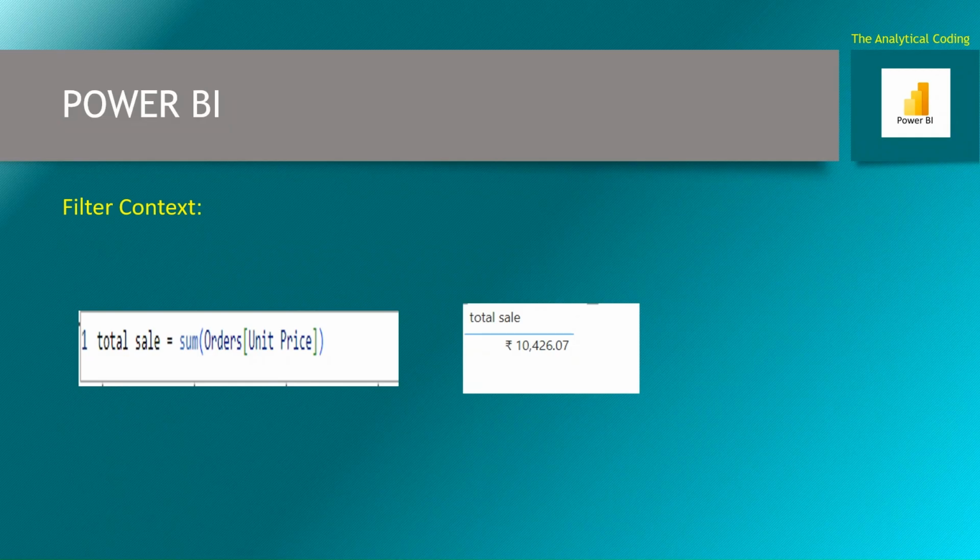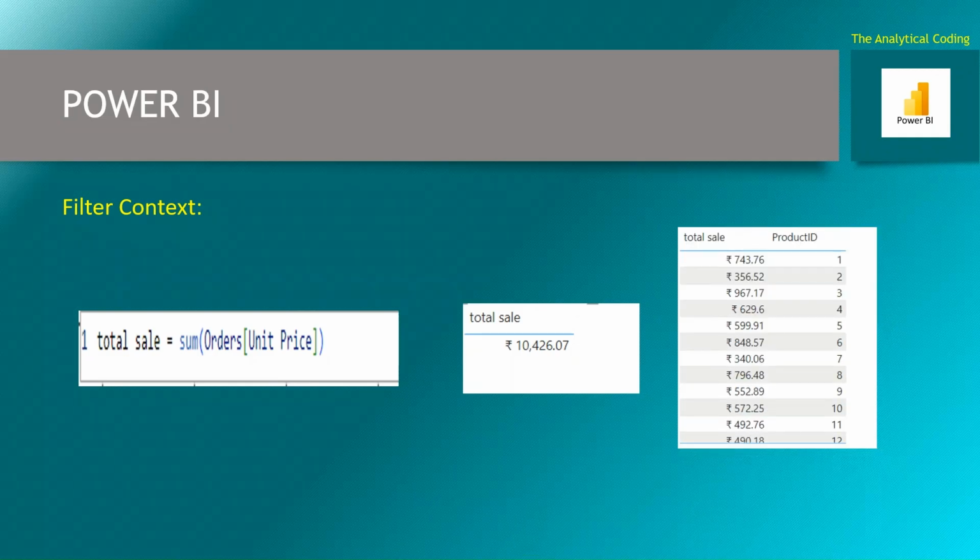And when we add the Product ID column to this table, that is, a table grouped by Product ID, Power BI applies filters for each product and calculates total sales accordingly. So row context operates on one row at a time and is used in calculated columns and iterators, whereas filter context operates on a subset of rows and is used in measures and aggregations.